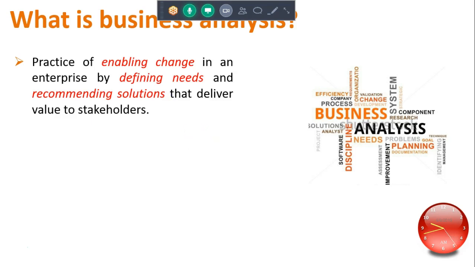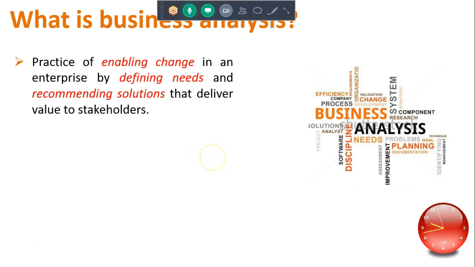From the IIBA's perspective, and we'll talk a little bit more about the IIBA, they define business analysis in terms of change. This definition is from the third version of the BA body of knowledge. It's refined itself over the course of the past few versions, and it says that from the IIBA's perspective, business analysis is about facilitating change.